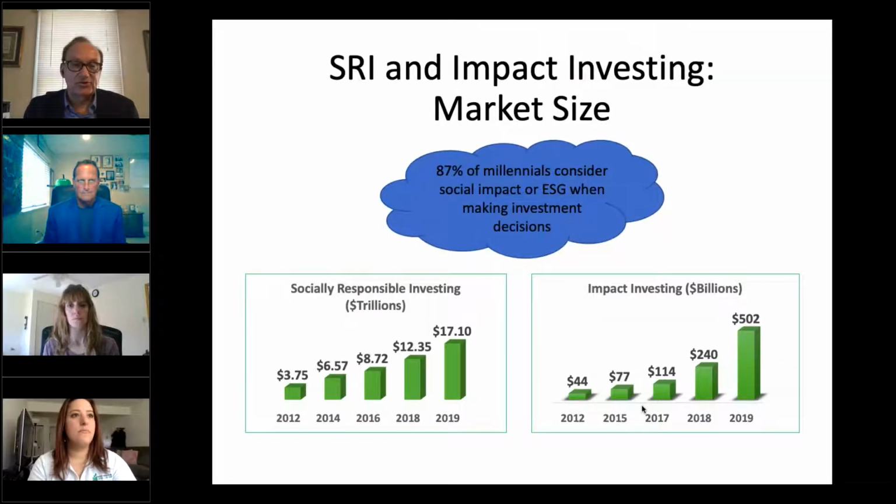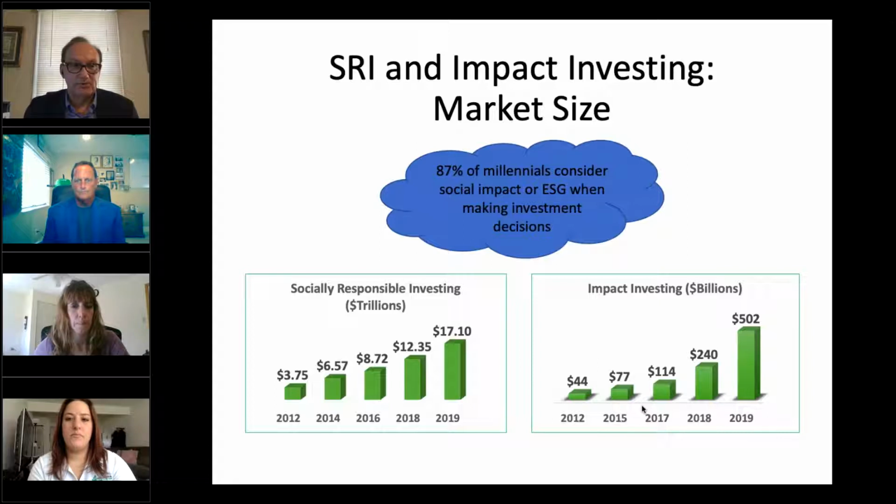Let me also share that this thing called socially responsible investing is a broad category above impact investing. You'll see here on the slide what's gone on in this space over the last 7, 8, 9, 10 years. Between 2012 and 2019, the socially responsible investing market has grown from $3.75 trillion to $17.1 trillion in 2019. Huge growth.